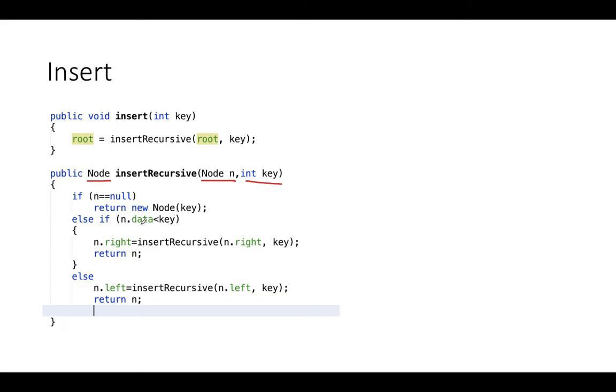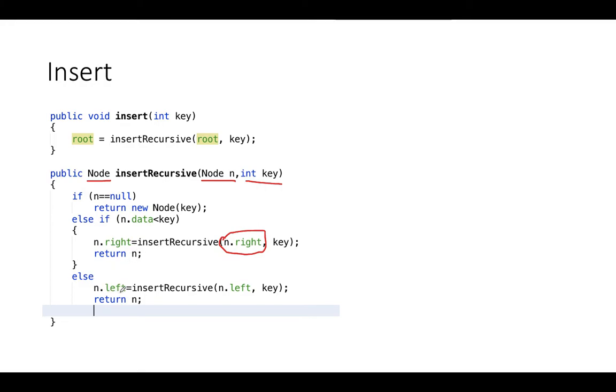Else, if the data in this node is less than the key, then we have to add this key in the right place. So we do insert recursion. We call the same method, but not with the root, with the right child of the root. So we try to add it in the right part of the root, because the value is greater than the value in the root. And then we return it.